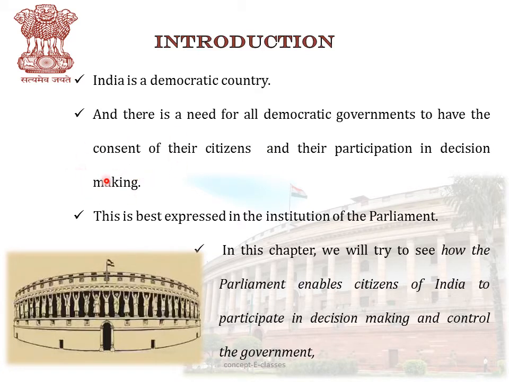Now, this consent of the citizens as well as their participation are the two elements that together make us a democracy, and this is best expressed in the institution of parliament. So in this chapter, we'll try to see how the parliament enables the citizens of India to participate in decision making and control the government.